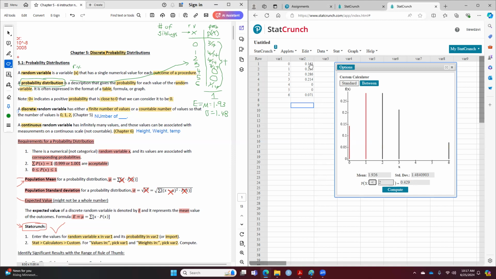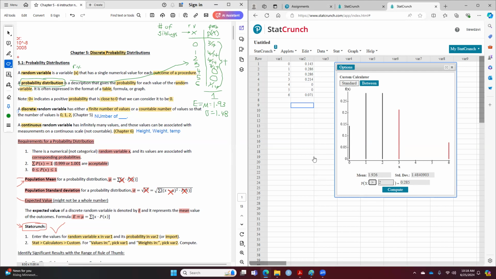So in this case, 0 and 1. If you add the probabilities of 0 and 1, you should get around 0.429. And then greater than 2 means any number above 2, not including 2. So you do 3, 4, 5, and 6. If you add these 4 numbers up, you should get 0.285.